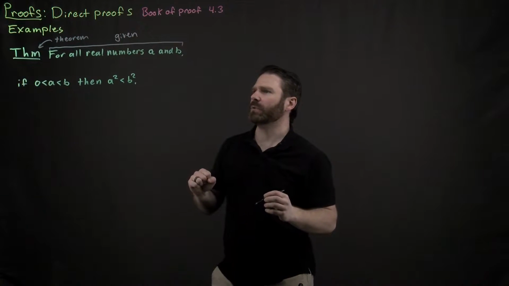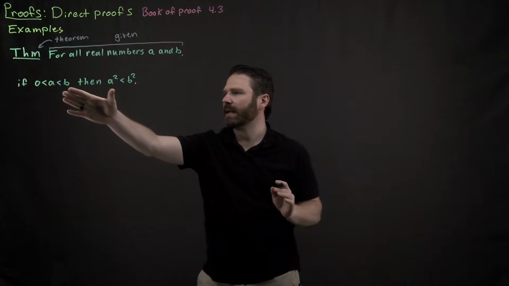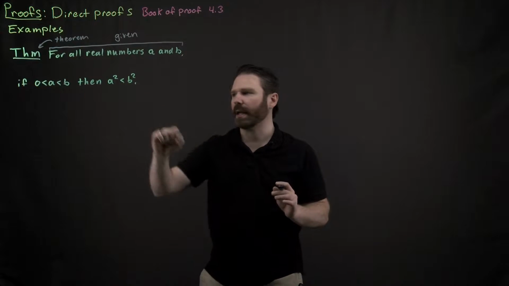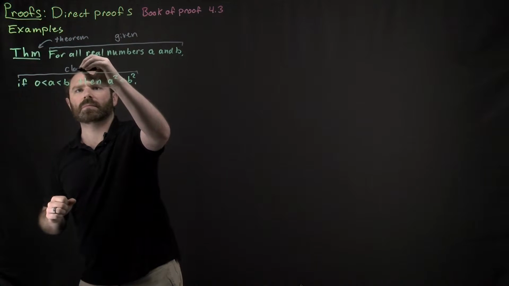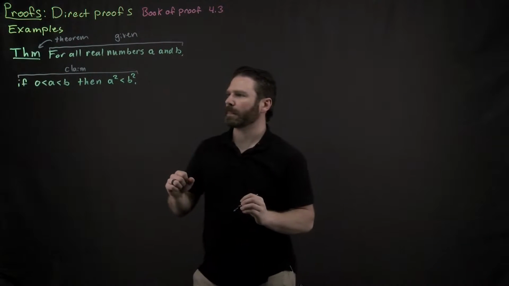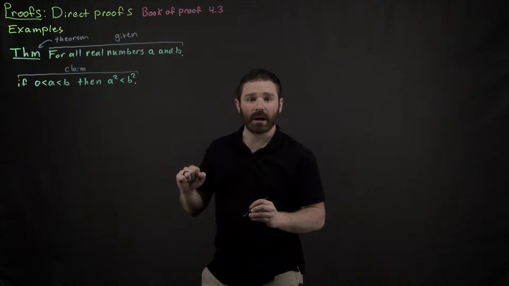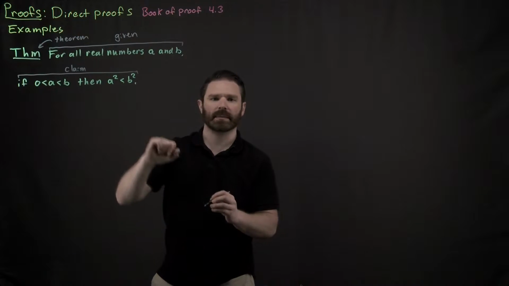So first off, what we'll notice is we have right here something that's given to us: for all real numbers a and b. And then this part right here, this if-then statement, is the claim. And you'll notice that this claim is indeed of the form if something, then something else.